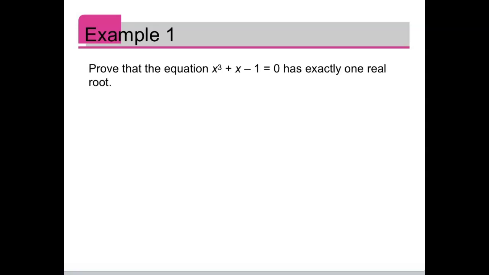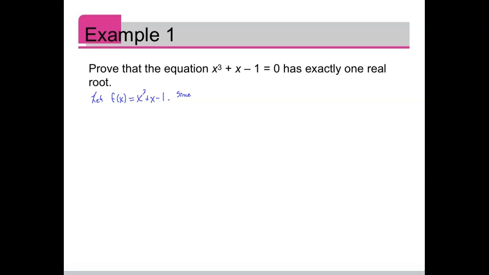All right, and the key to that is that we want to prove that this equation has exactly one real root. And so to prove that, the first thing we're going to do is show that there exists at least one real root, okay? So the way I'm going to do that, I'm going to name my function, let f of x equal x cubed plus x minus 1.